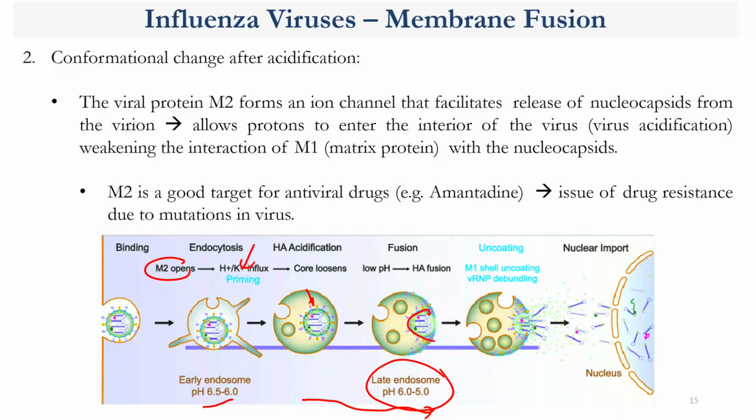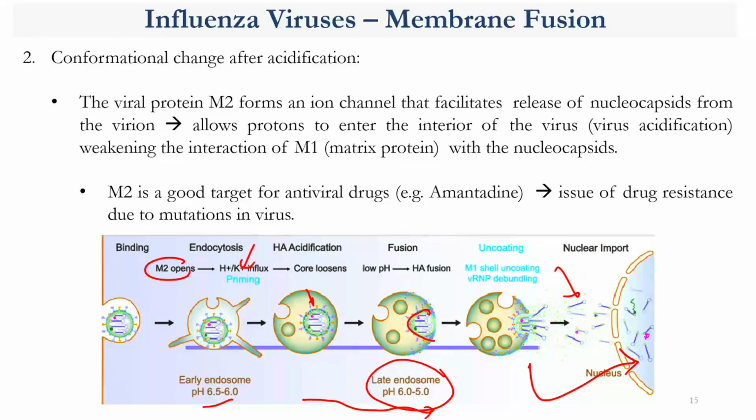And at that point, your M1 will uncoat, and your nucleocapsid is now released into the cytosol, where it needs to get sent to the nucleus. Okay? So even though this is an RNA virus, it needs to get into the nucleus for it to work correctly and to replicate. Okay?